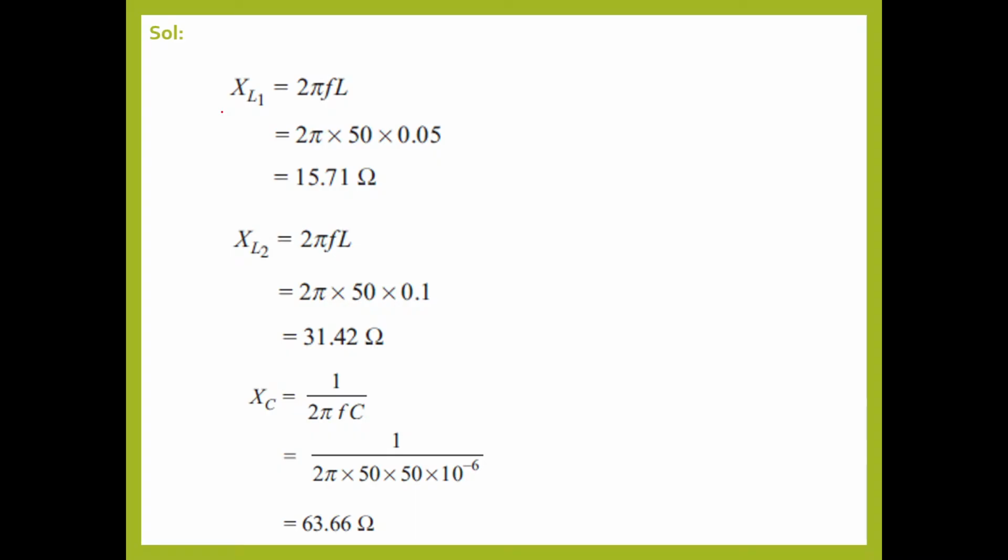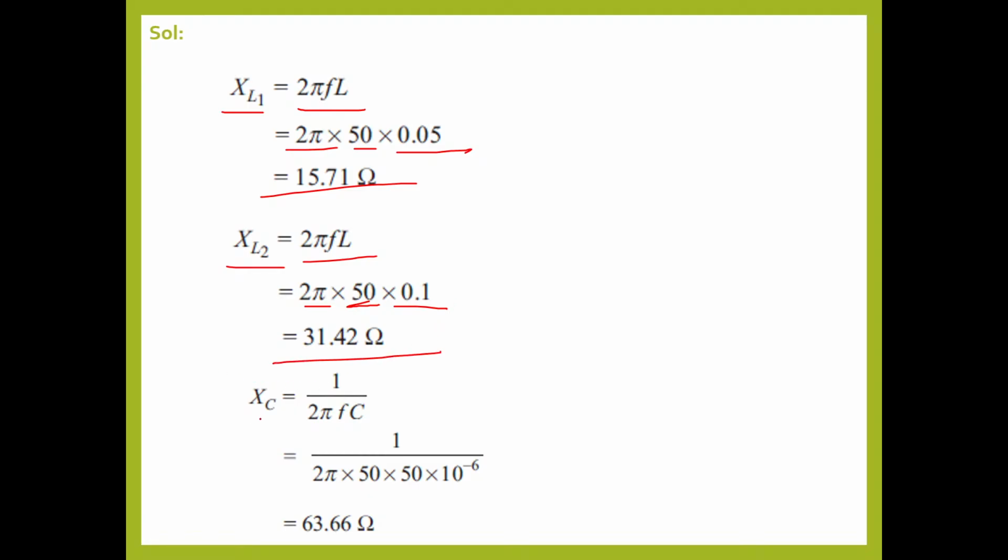Let us consider the first inductor. Reactance is 2 pi f L. f is given as 50, so 2 pi into 50 into L value 0.05. Simplify it, you will get this value. Similarly, for the other inductor, substitute 2 pi f with f as 50 and L value 0.1, and you will get the XL value.